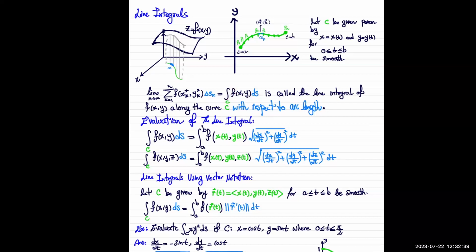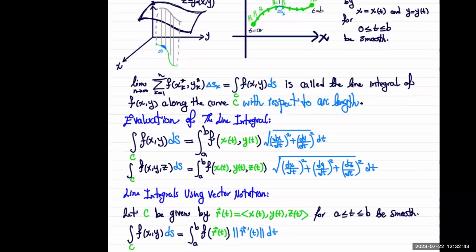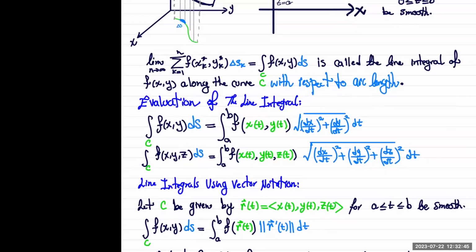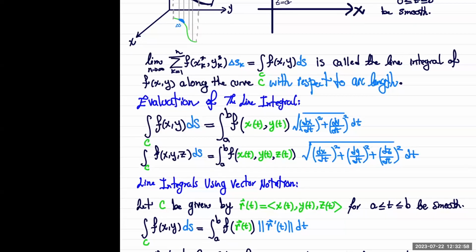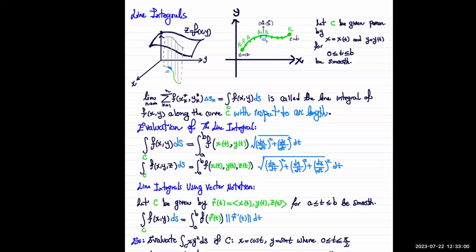Now, this integral is extremely simple to evaluate. Let's see how the setup is done. If you have a line integral of a function with respect to arc length, the x and y of the function are going to be replaced with the parametric x and y.